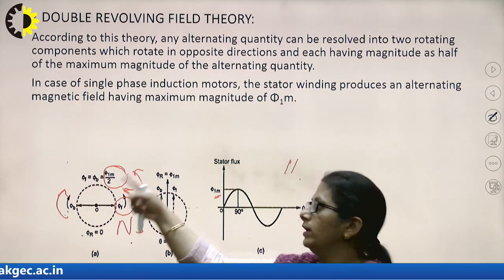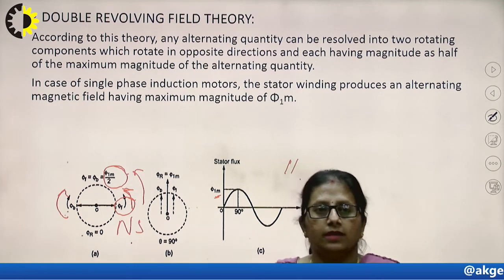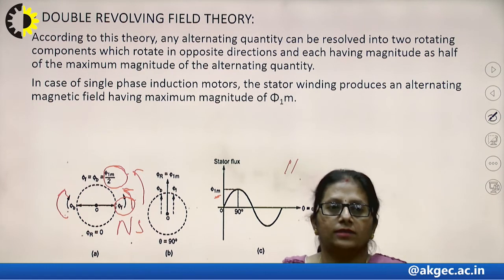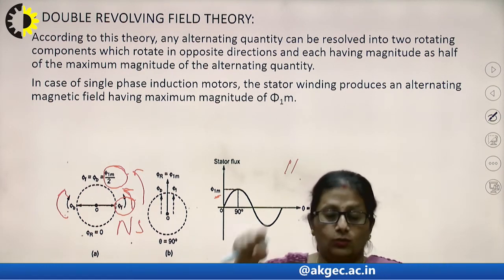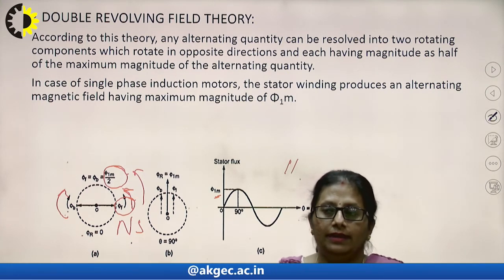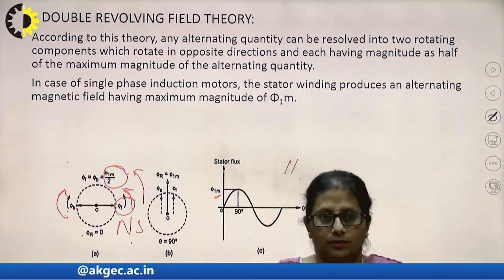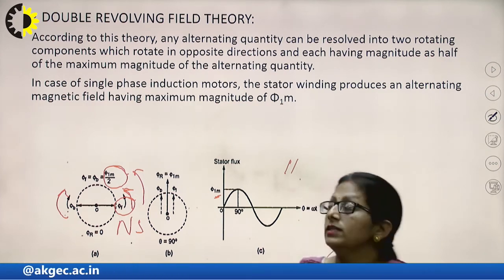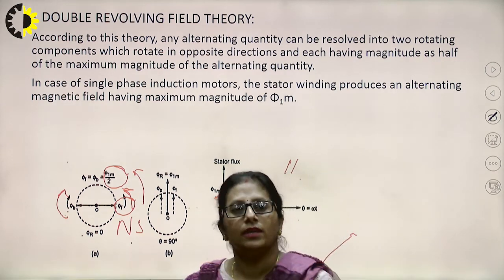I am having a rotating magnetic field which is moving in anti-clockwise direction. So the rotor conductors are going to experience flux cutting. They are going to have an EMF induced, and as the rotor circuit is short circuited, there will be a current. Now a current carrying conductor will experience a torque. Fine. So the torque once again would be in such a direction so as to reduce the relative motion.